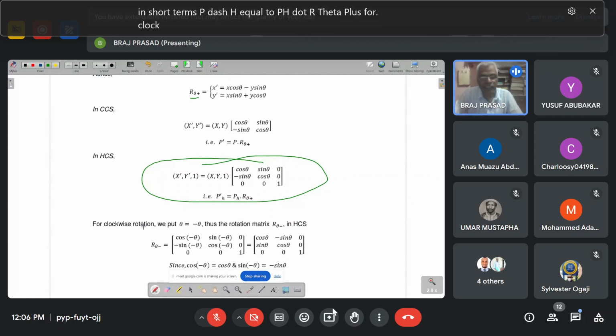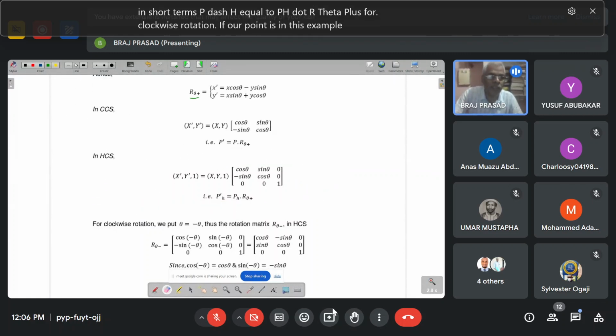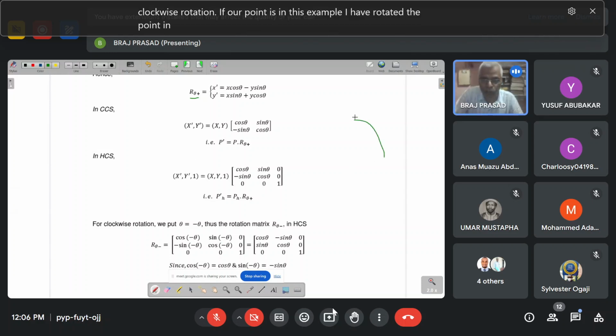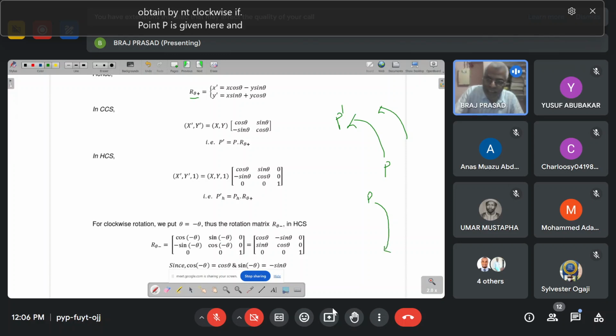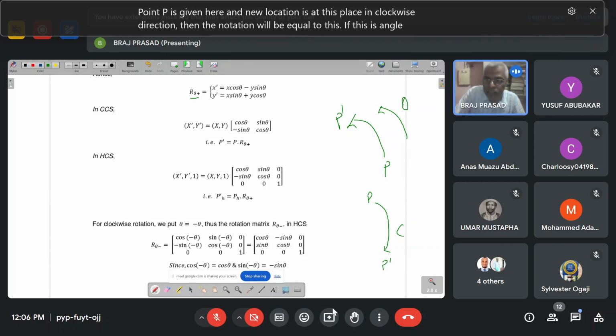For clockwise rotation, in this example I have rotated the point anti-clockwise. I mean p is placed here and p dash is obtained by anti-clockwise rotation. If point p is given here and the new location is at this place in clockwise direction, then the notation will be equal to this. If this is angle theta, then this angle is denoted by minus theta.